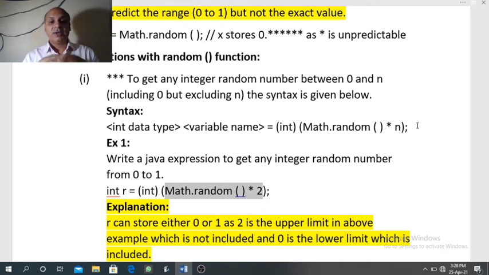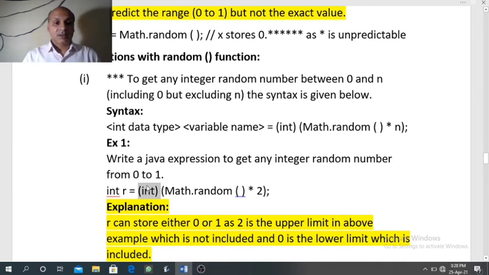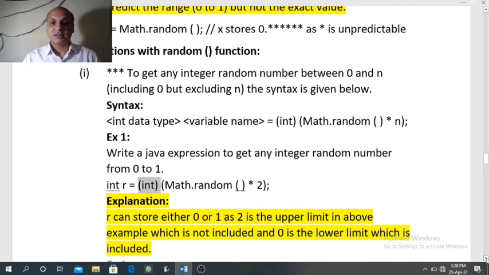So it will give any real number that is more than 0 and less than 2. But when you typecast it, the answer will come either 0 or 1. So that was the first variation with the random function.